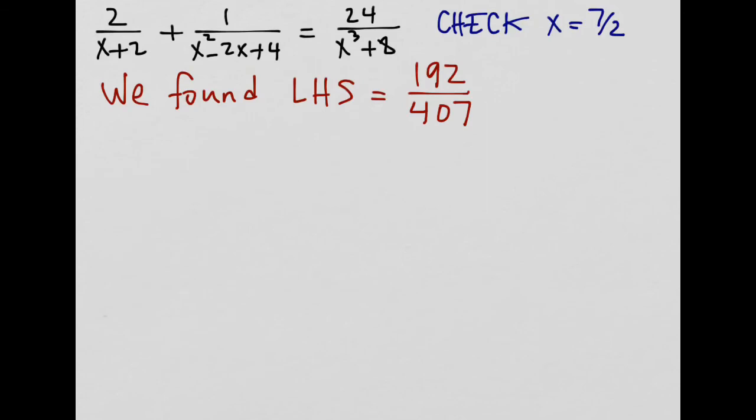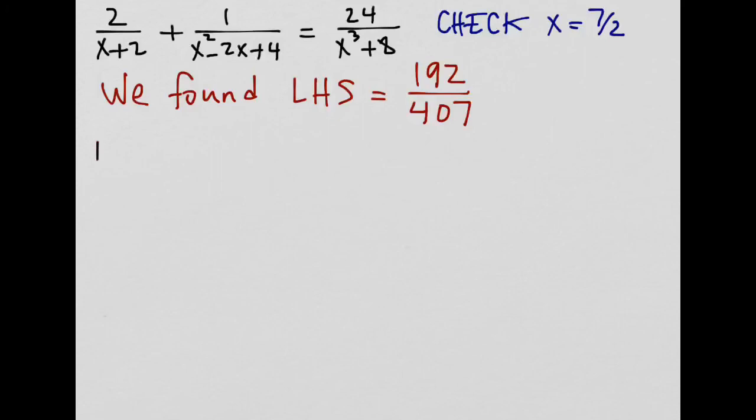Now let's check the right-hand side. So the right-hand side is 24 over x cubed plus 8. We're going to plug in 7 over 2 and see what we get. And keep in mind that when we plugged in 7 over 2 in the left-hand side, we got 192 over 407.